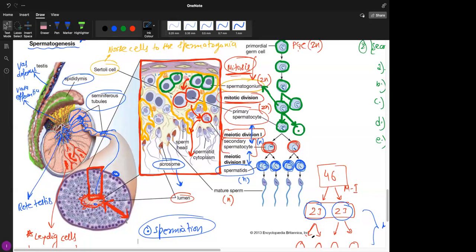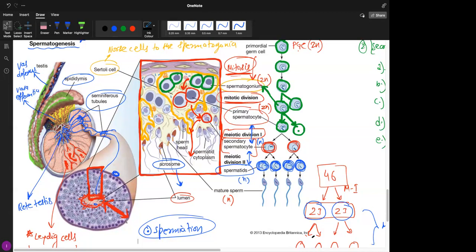So there are 3 confusing terms: spermatogenesis, spermiogenesis, and spermiation. Spermatogenesis is the overall process of formation of sperm inside the testis that we studied just now, starting from primordial germ cell to mature sperm. Even spermatogenesis also includes sperms going into the epididymis and getting functionally mature. That also is included in spermatogenesis.